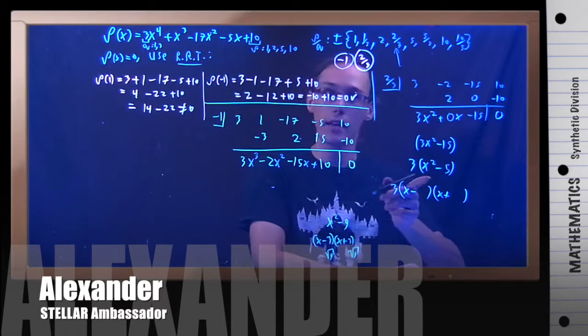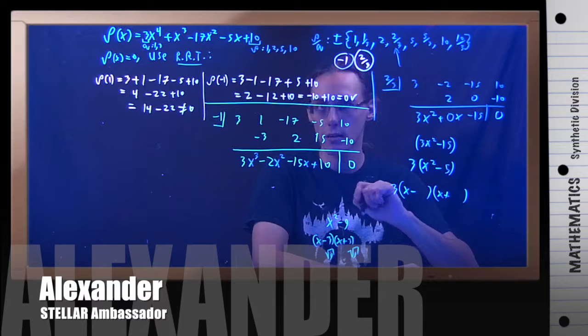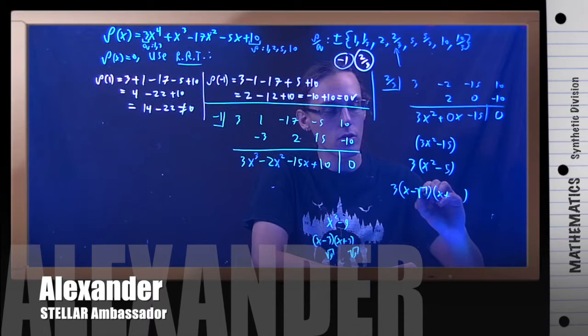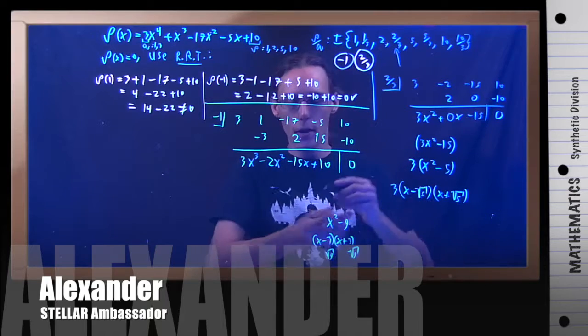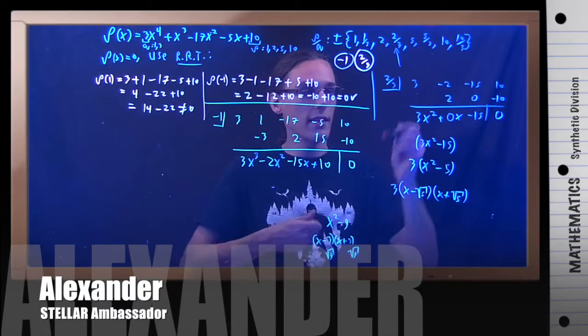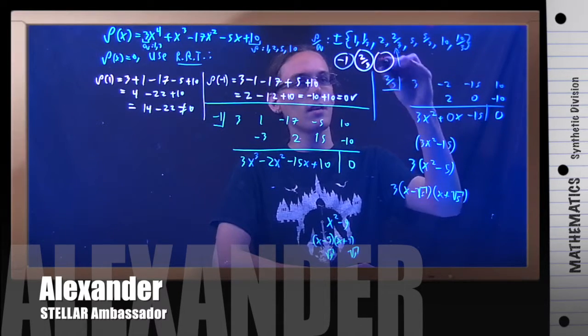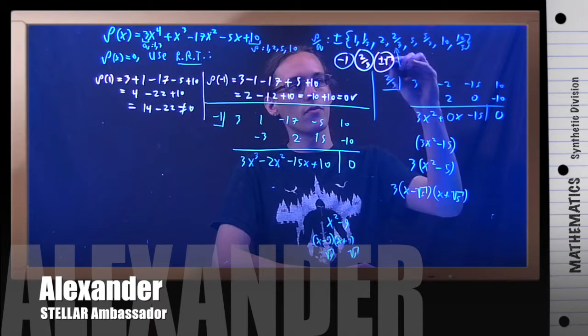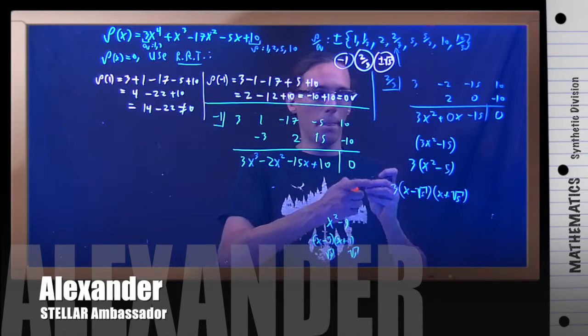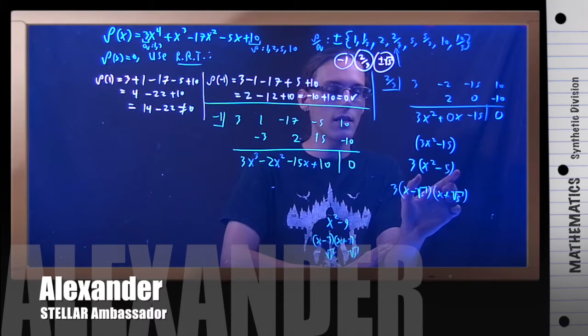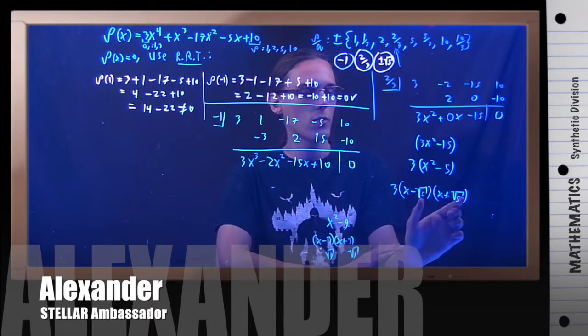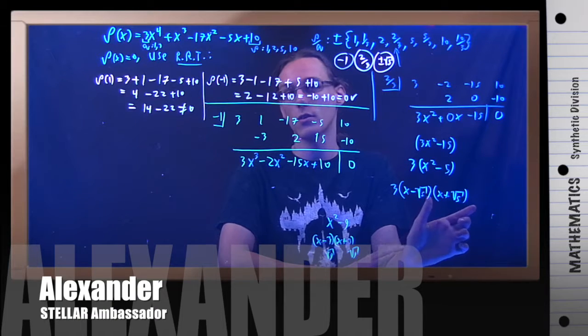Well, you'll get the same thing here. Square root of whatever that number is, where that number is 5. So this is square root of 5, positive and negative. So my other zeros, which are not in that list, are plus and minus the square root of 5. And I have to get that just by inspection. I look at that and I see that, oh, that's a difference of squares. My square roots are the square root of 5, which is an irrational number.